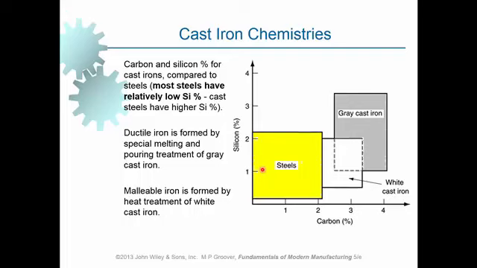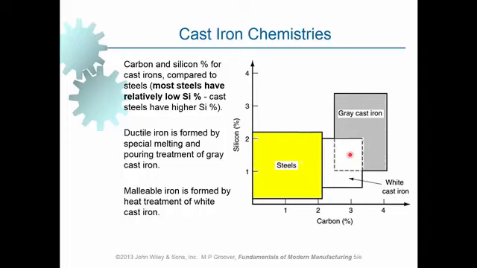And cementite is a hard phase, and we want it in the steel. We want the steel to be strong. It's desirable to have cementite in the steel, which is not the case, as I mentioned, in the cast irons. And because of this, there will be lower amounts of silicon in steel compared to the cast irons.